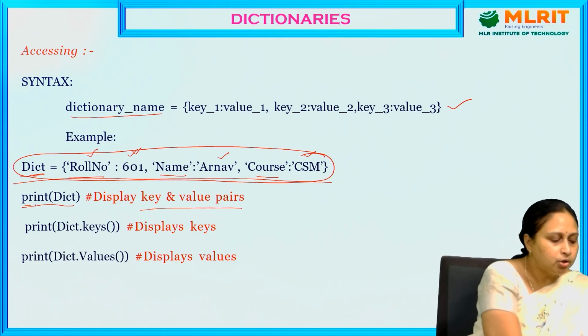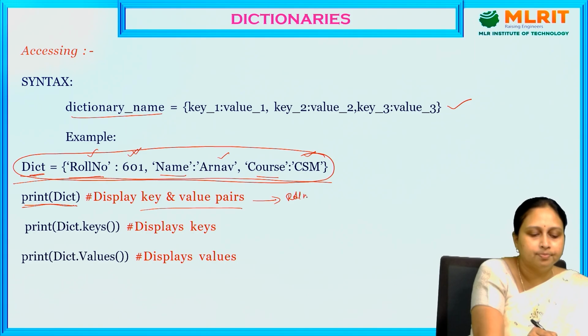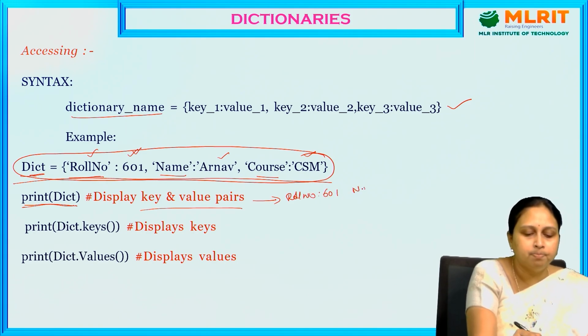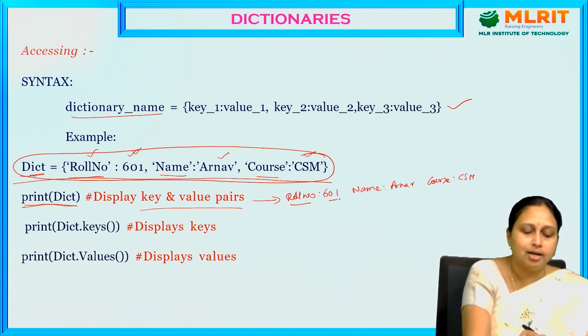If I give this print statement, it will display roll number with 601, name with Arnav, and course with CSM. In this way, it displays both key as well as value.